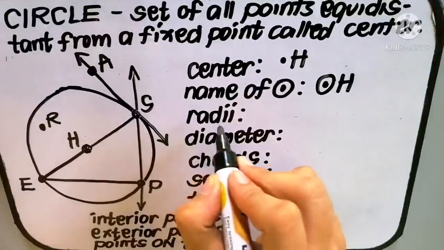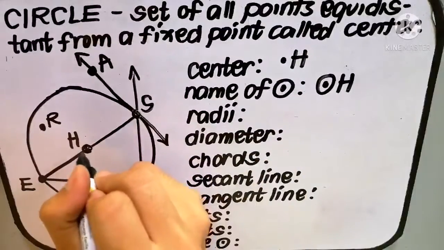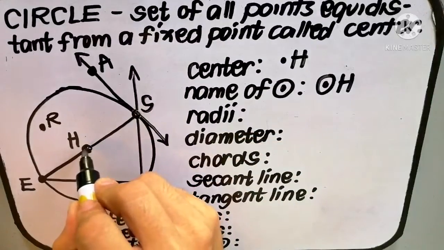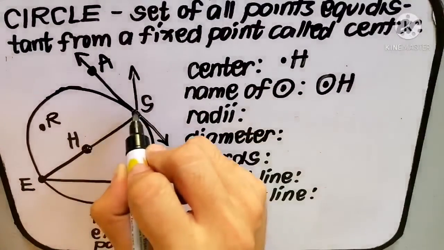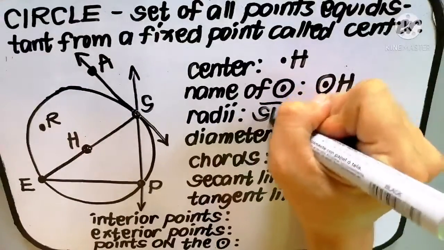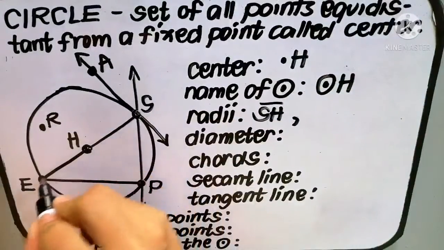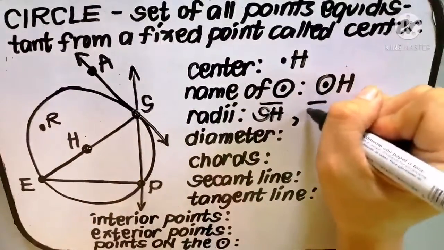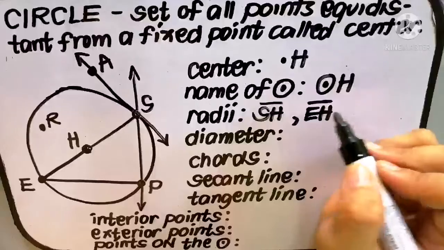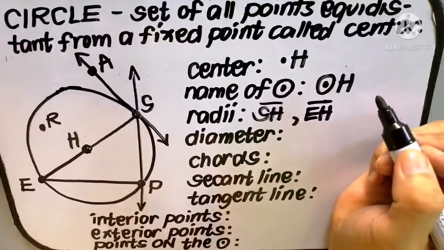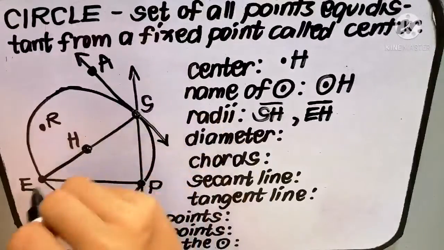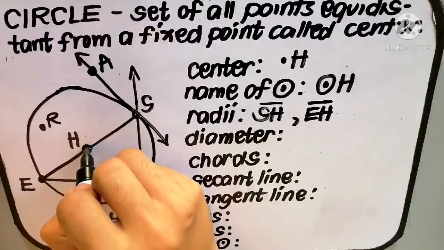Now for the radii, which is the plural of radius. This is a segment connecting the center of the circle and a point on the circle. So we have segment SH and segment EH. Now the diameter is twice the radius, or by definition, it is a segment connecting any 2 points on the circle provided that it passes through the center.